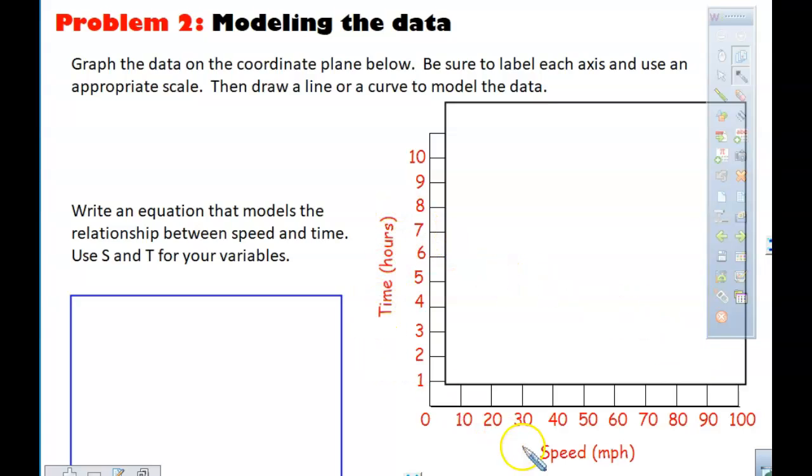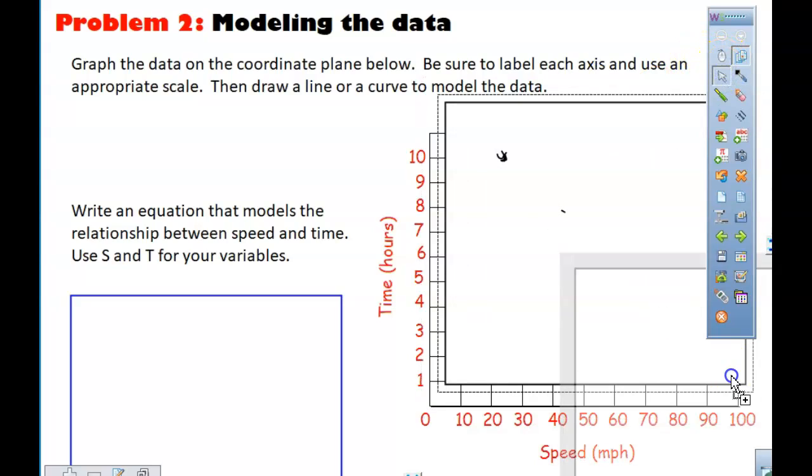We're going to have our speeds going up by 10 because they said each time we were changing by 10. So on the bottom of that page, put speed 10 on your graph, put hours going up by 1.